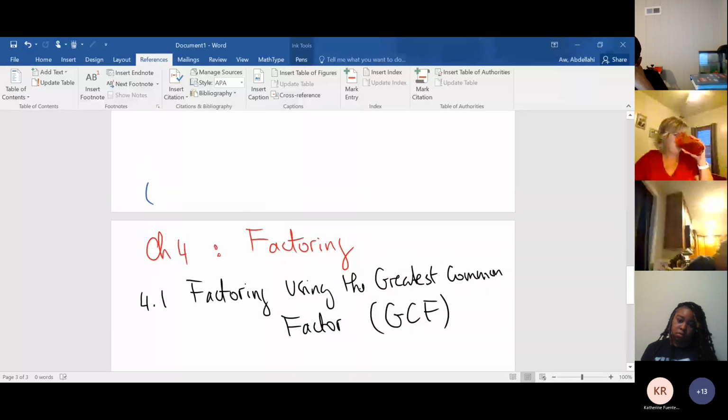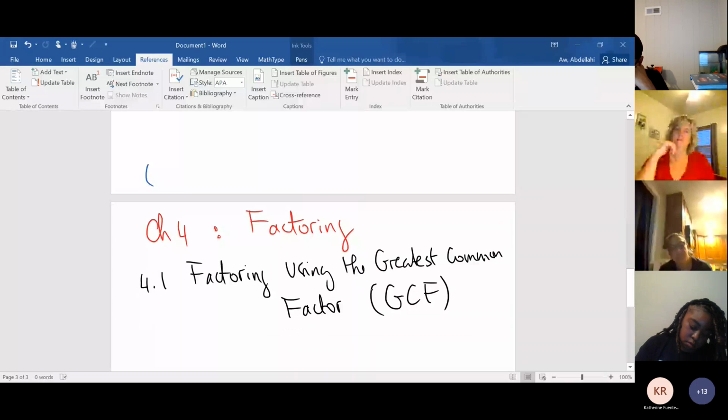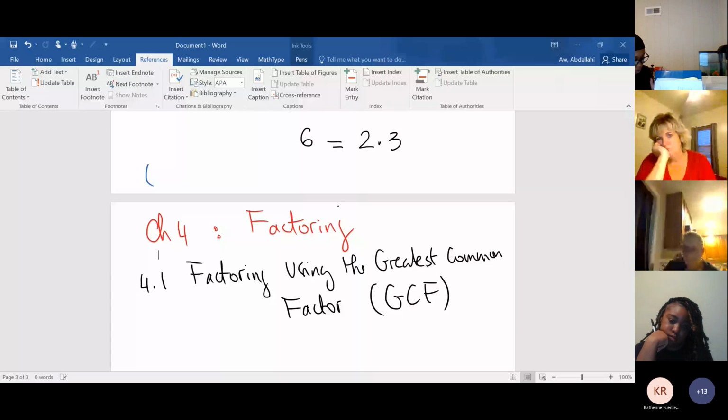First of all, the word factoring. Factoring is transforming an expression into multiplications. For instance, when I have the number 6, as soon as I write 6 equal to 2 times 3, I have factored 6, because I wrote 6 as something multiplied by something.